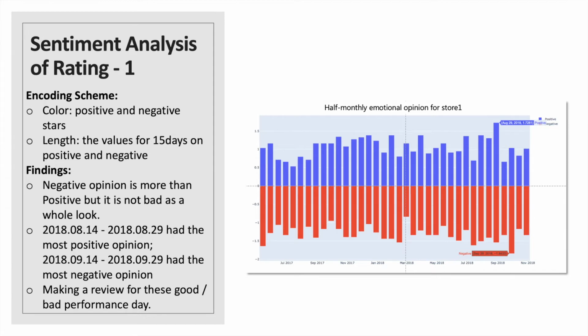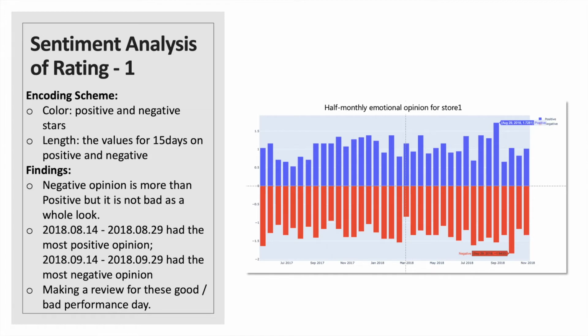And where is the rating from? We calculate the average star for store 1 in the past 1.5 years, then subtract this average from the stars of every day. If the result is positive, it will be blue, and the average time step in this visualization is 15 days.